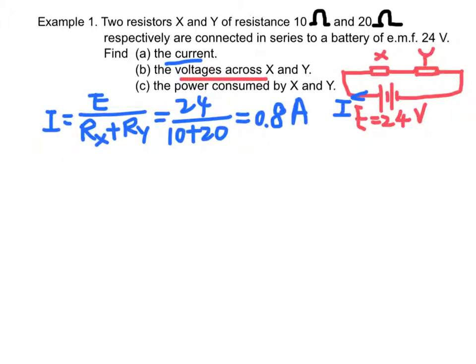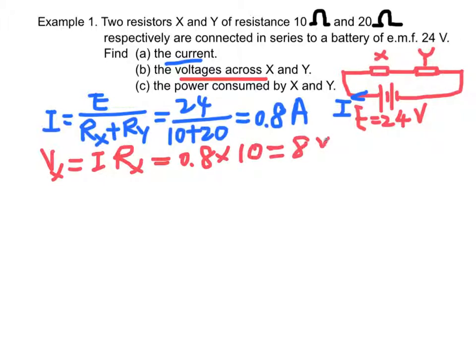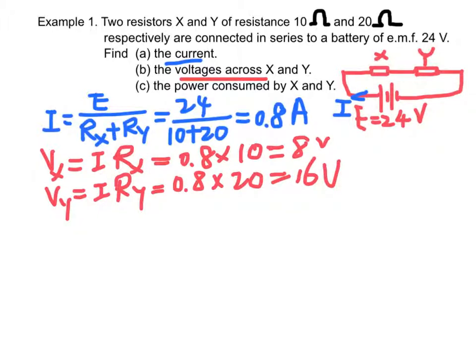Voltage across X equals I Rx, equals 0.8 times 10, which is equal to 8 volts, while that of Y, Vy, equals I Ry, equals 0.8 times 20, which is equal to 16 volts.